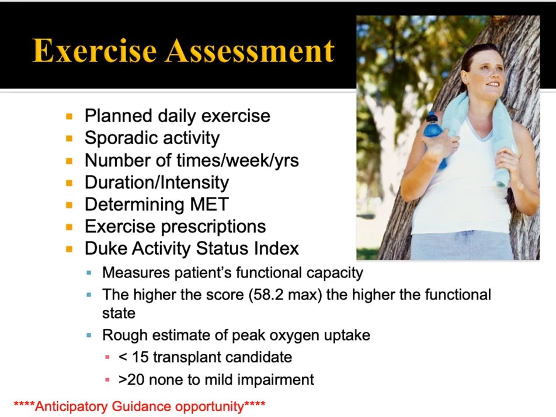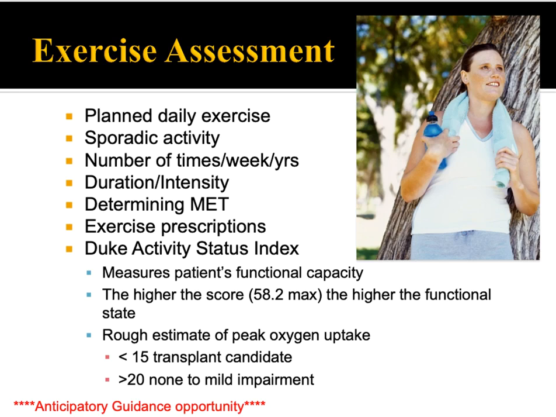Now, this is more of an indication of functional capacity, the Duke Activity Status Index. And so you'll see when you get the form that you look at some of the things that they can and cannot do, and then they are assigned a score, and you do a calculation, and that gives, like I mentioned, this functional capacity.